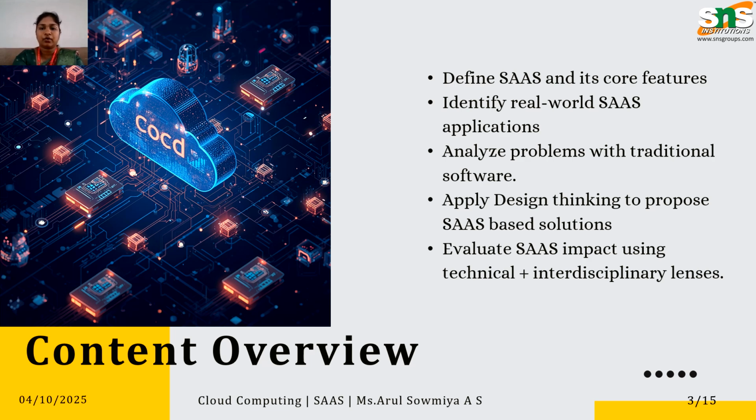So here we are going to see SaaS and its core features. Initially, we want to discuss what SaaS is. SaaS means software as a service. Traditional software involves the architecture and the applications with high upfront costs.